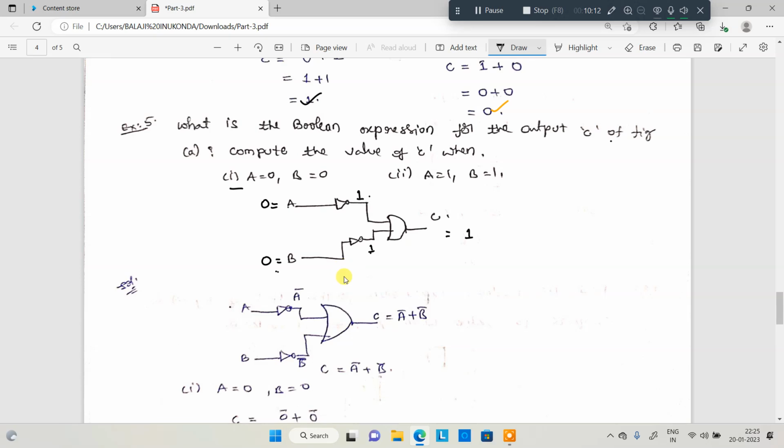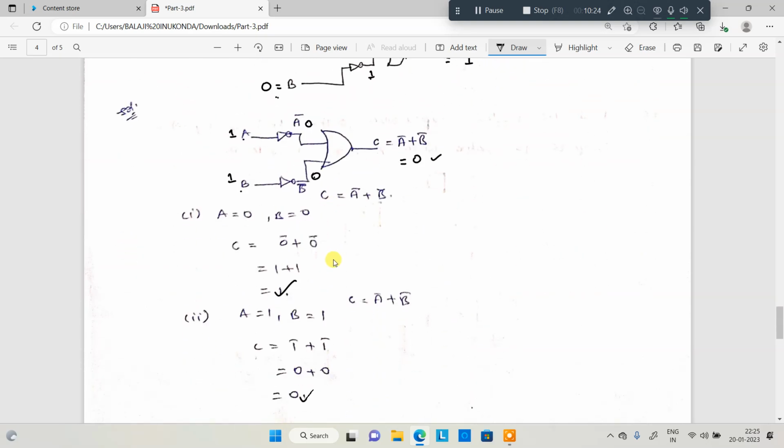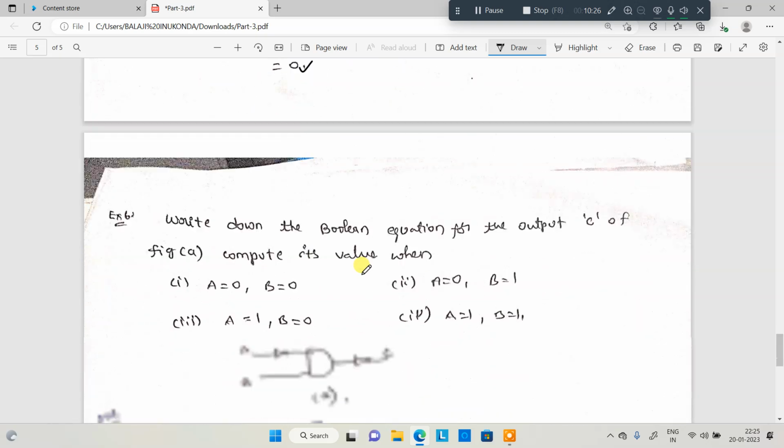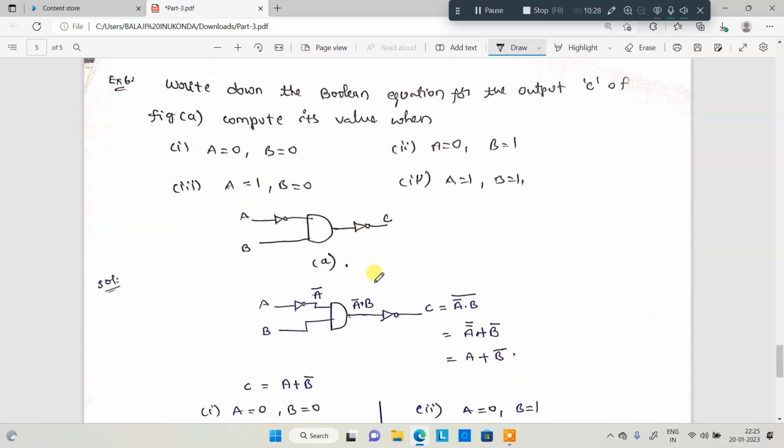Next, A is 1 and B is 1. It is 1, it is 0, it is 1, it is 0. 0 plus 0, 0 only. Okay, we'll get 0. Okay, we'll discuss one more example and we'll end this lecture now. Write down the Boolean equations for the output C shown in the figure.